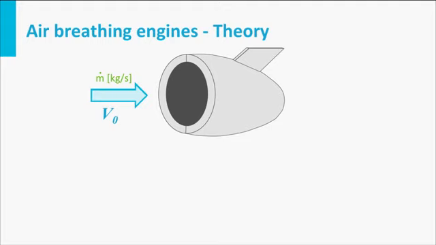That's the amount of mass that enters the engine per second, so kilogram per second, m dot, or m flux, is the mass flow. What the engine then does is that it accelerates this amount of air and creates a higher speed at the exhaust, which is the jet speed.